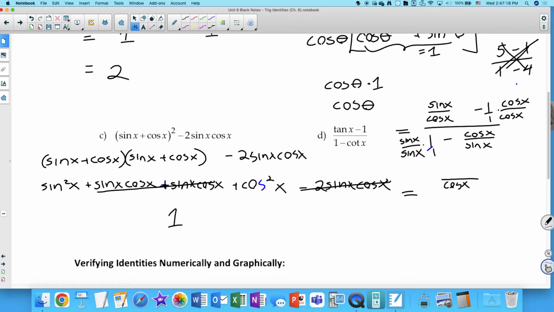This is called a complex fraction, by the way, fraction within fraction. So in the numerator fraction, I have cos x in the denominator. I have sine x minus cos x in the numerator. And then in the bottom part, in the denominator, I have sine x. And in the numerator, I have sine x minus cosine x.